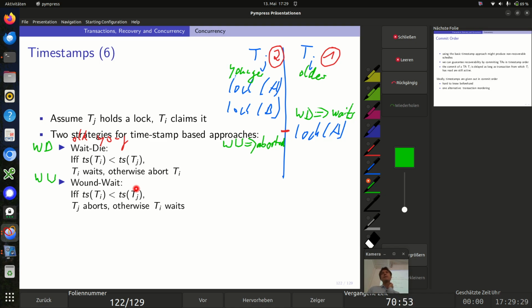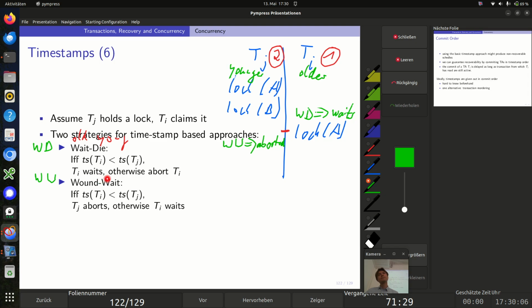WD, wait-die. With wait-die, no transaction would be aborted in this case, because this one waits. But the definition also says otherwise abort. It says TI twice: TI waits, otherwise abort TI. So if it doesn't wait, you abort.